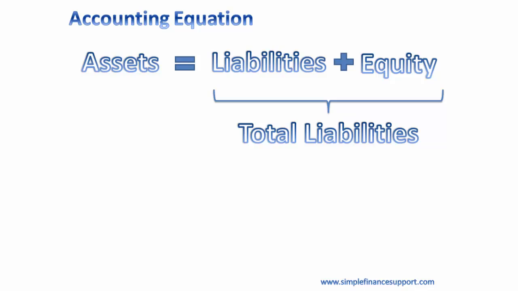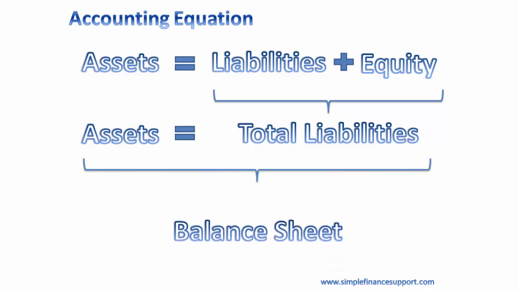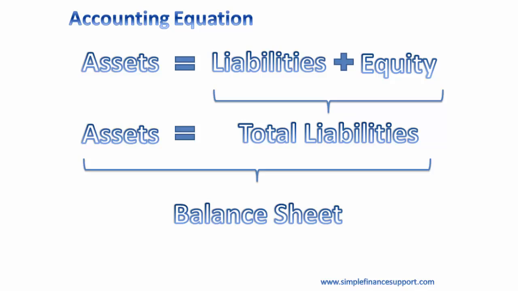So from the entity's perspective, the equity, which is capital, is also a liability. That is the reason you represent capital on the liability side of your balance sheet. So total liabilities always equal total assets, and this forms the fundamental concept of the balance sheet.